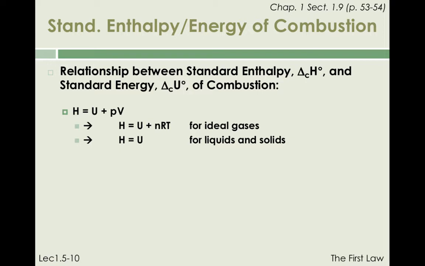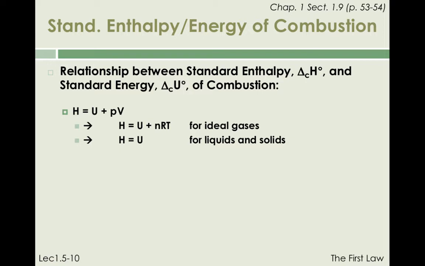From this observation, we conclude that there is only a difference between delta H standard and delta U standard if gases are involved in the reaction, and if the number of moles of gas on the reactant side of the reaction equation is different from the number of moles of gas on the product side.